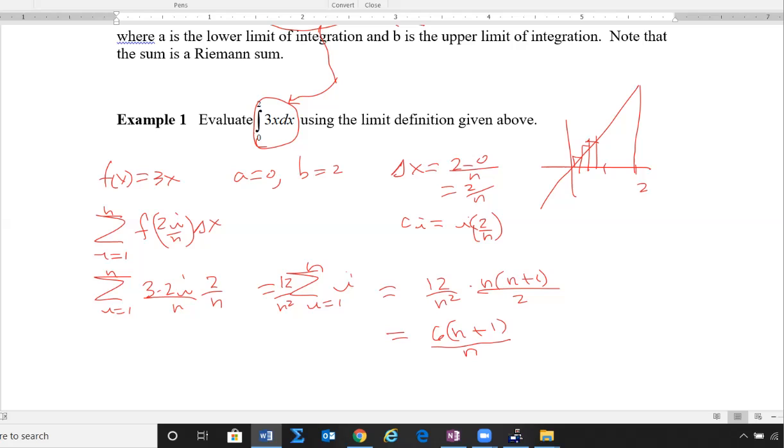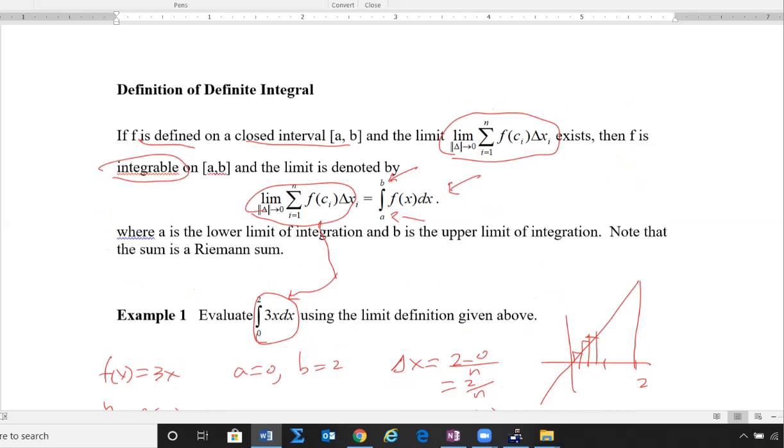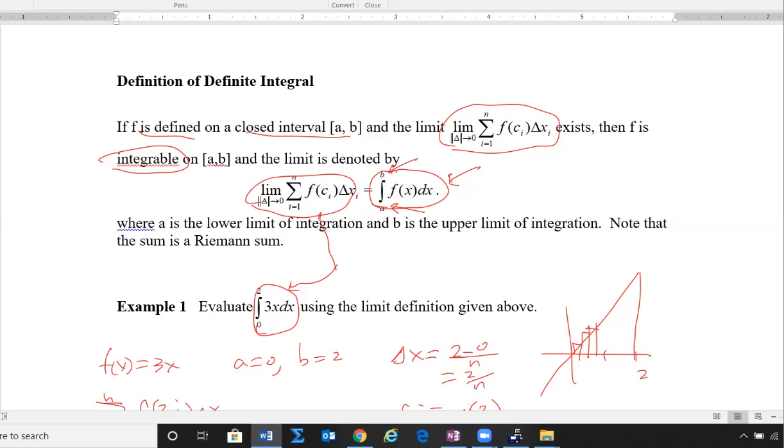And finally, remember, in our notation up here, this indicates that the norm is approaching 0. Now, in a regular partition, that's the equivalent of n going to infinity.